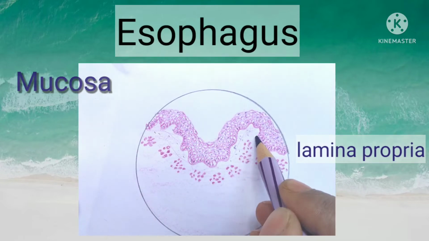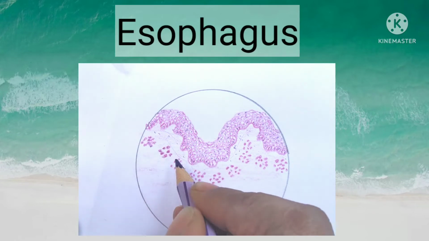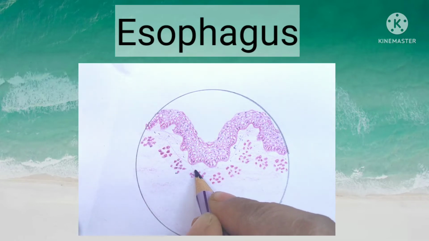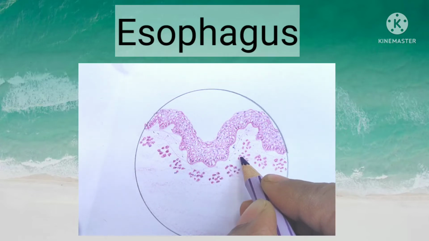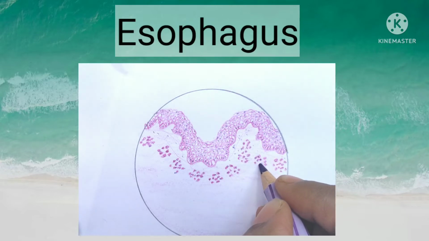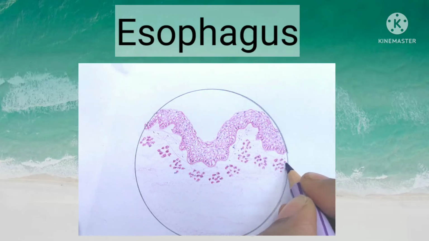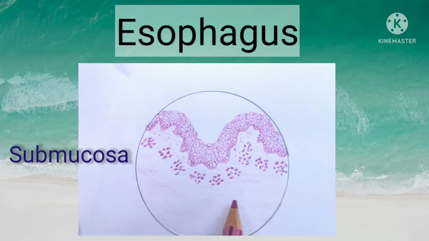Only one layer of muscularis mucosae is present in the esophagus. So keep the nuclei for the longitudinal bundles also. So the epithelium, lamina propria, and the longitudinal bundle of smooth muscle constitute the mucosa.